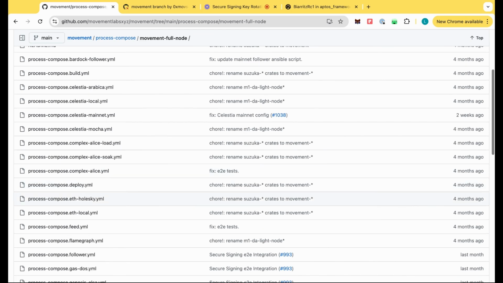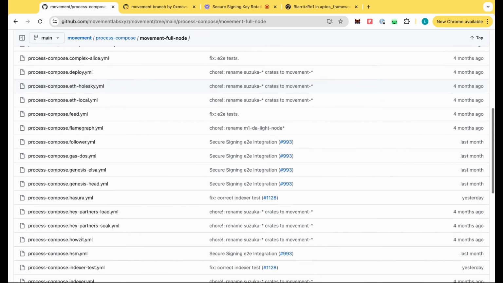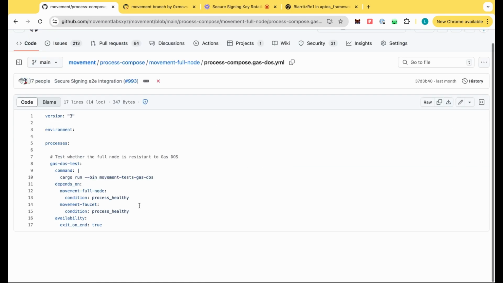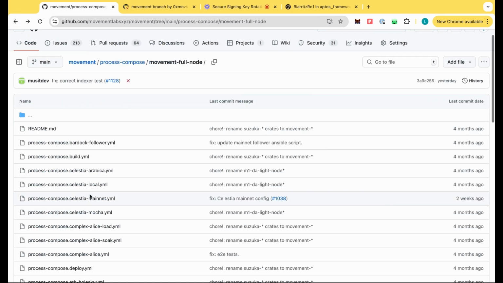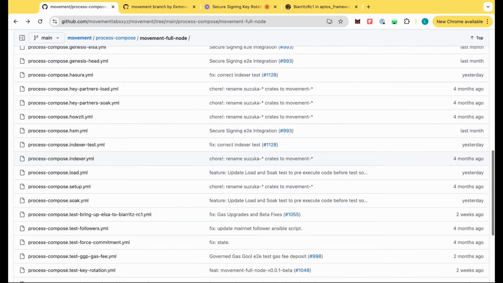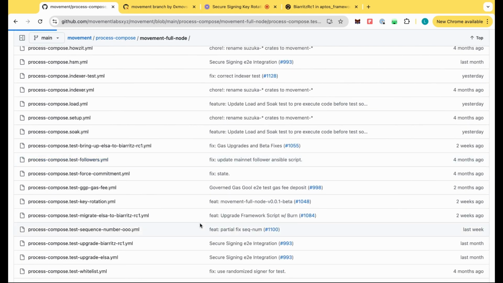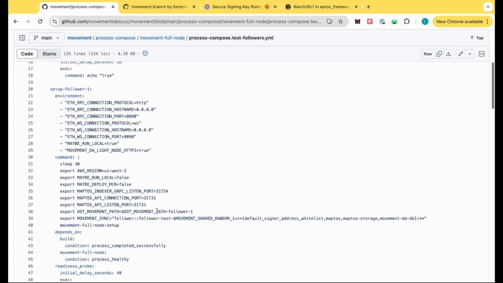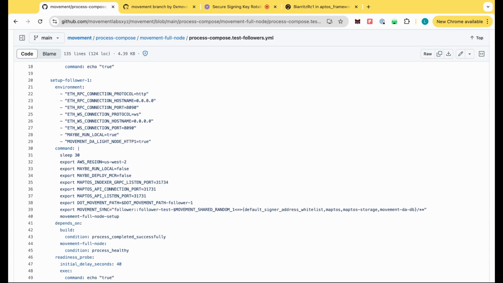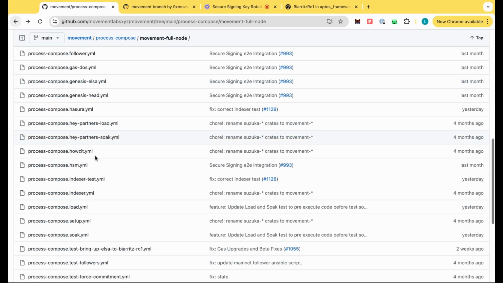There are, if you're looking to build on attacks that we've run in the past, some attacks in here. So there's a gas DOS overlay which runs this cargo bin. There's a test of follower consistency. Where is it? Test followers. That's pretty handy to build on for different kinds of network forking or inconsistency conditions.